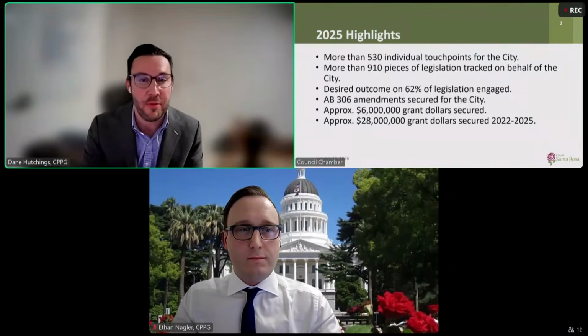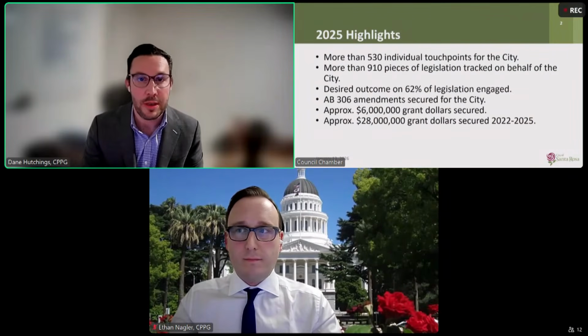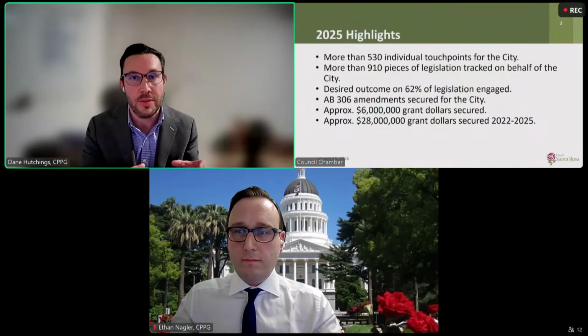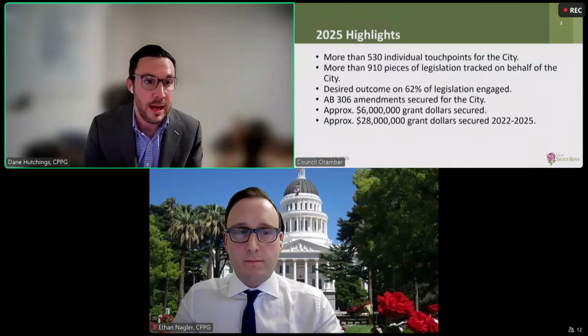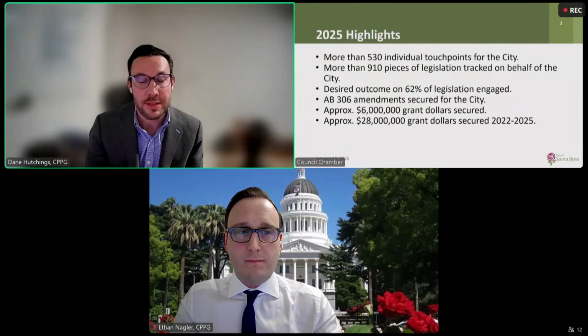It's one of the key performance indicators that we like to track to let you know that we are continuously working on your behalf year-round. This encompasses all of the touch points between our grants team and our lobbying team. There was more than 910 pieces of legislation tracked on behalf of the city. We did secure approximately 62% success rate on the legislation we engaged on.